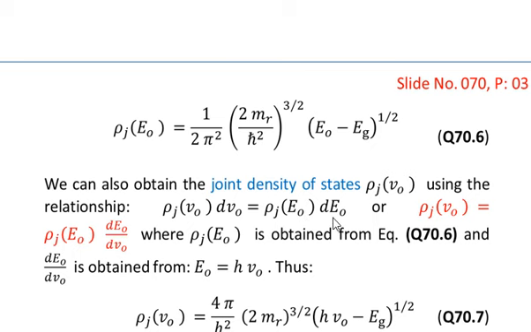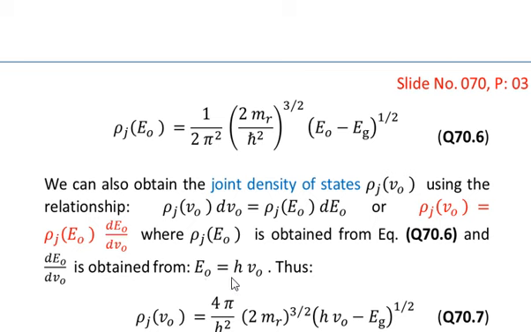So solving it, we can write rho j of nu naught is equal to rho j of E naught multiplied by d E naught over d nu naught, where rho j of E naught is obtained from equation number 70.6, and the derivative d E naught over d nu naught is obtained from this relationship, that is E naught is equal to h into nu naught.